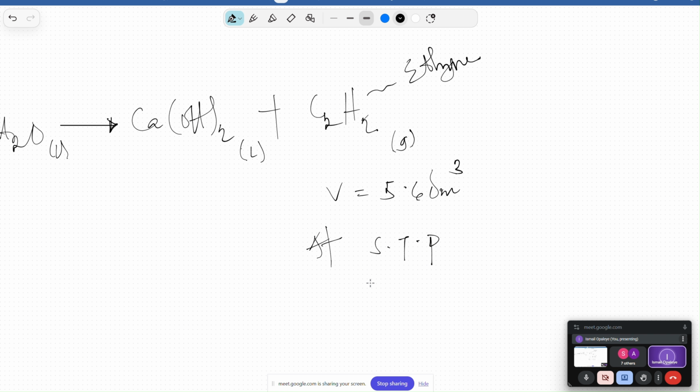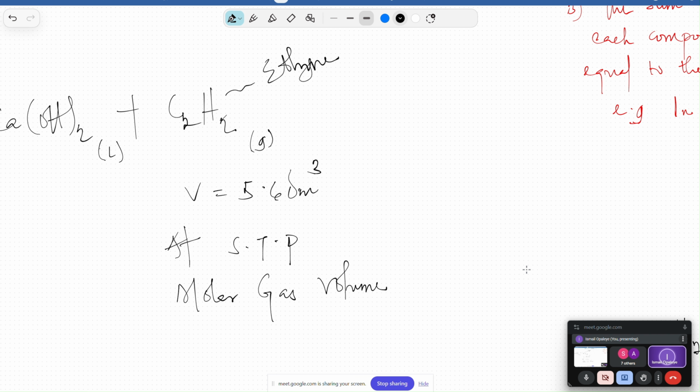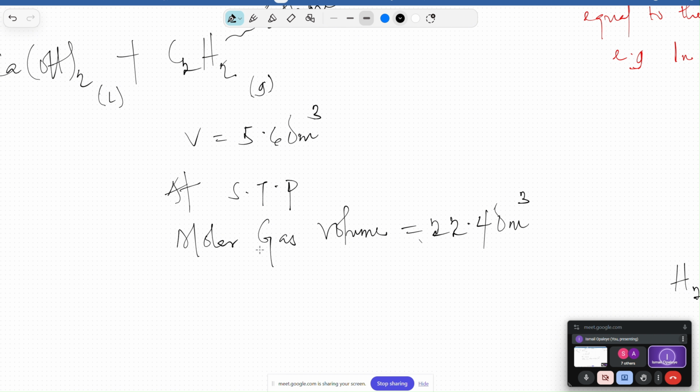Whenever STP is mentioned to you, it implies that the molar gas volume is involved. What is the value? The value is 22.4 dm cube.